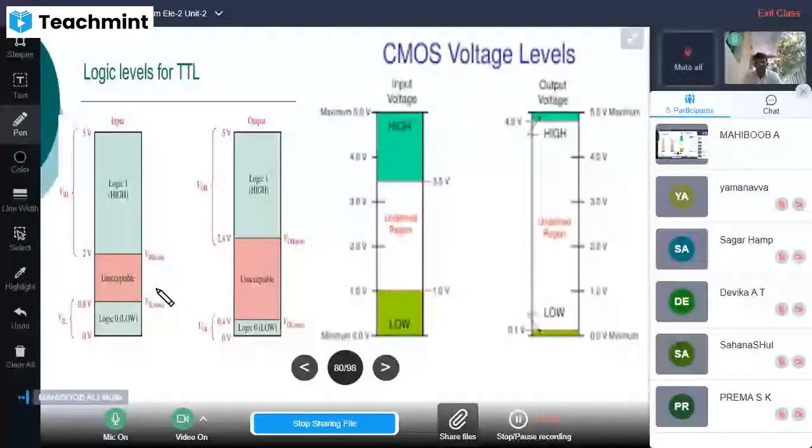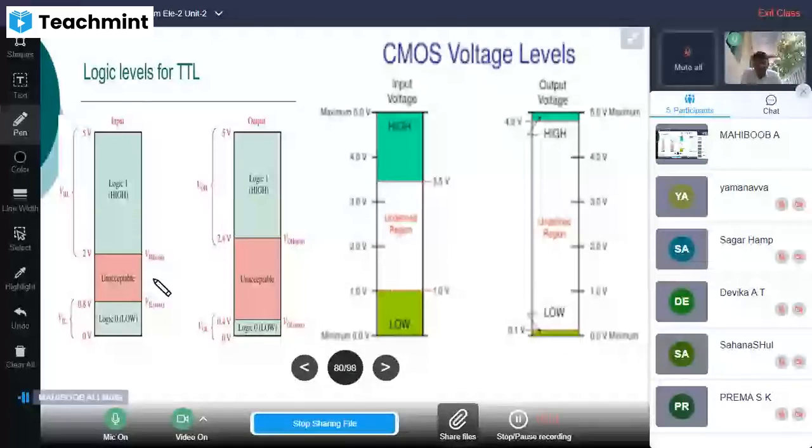These two are called the logic margins of the TTL: 2 volts and 0.8 volts. VIL maximum is 0.8 volts, VIH minimum is 2 volts. For output, the levels are different. Output logic 2.4 volts is considered VOH minimum.